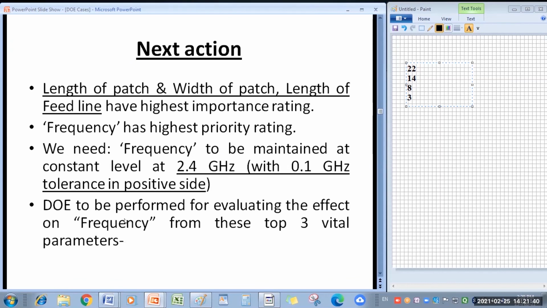Now look here, DOE is to be performed for evaluating the effect on frequency from these top 3 vital parameters. We need from this design a frequency to be maintained. For maintaining the frequency, we have 3 vital parameters with us. Frequency is required to be maintained at a constant level of 2.4 gigahertz. However, a variation on the positive side is allowed.